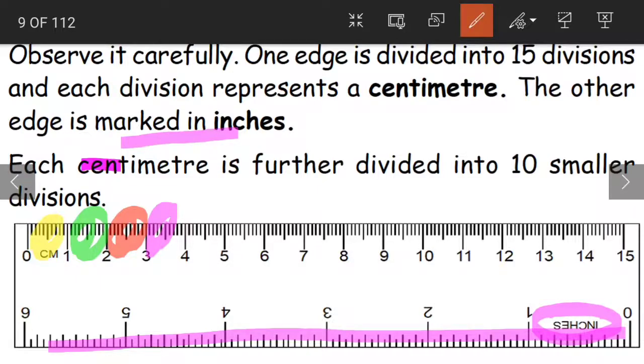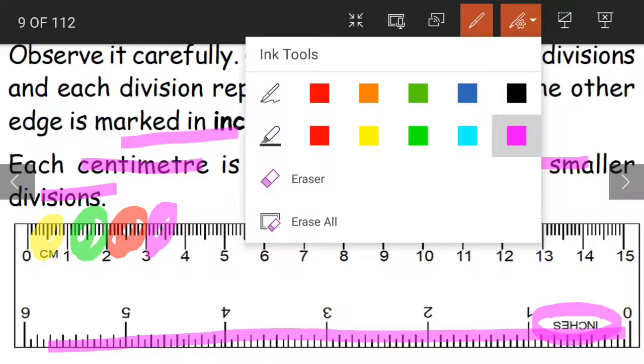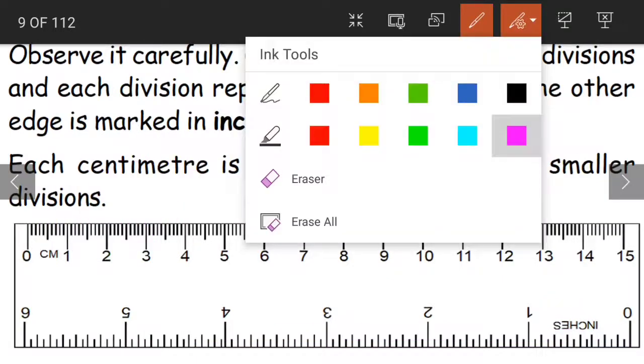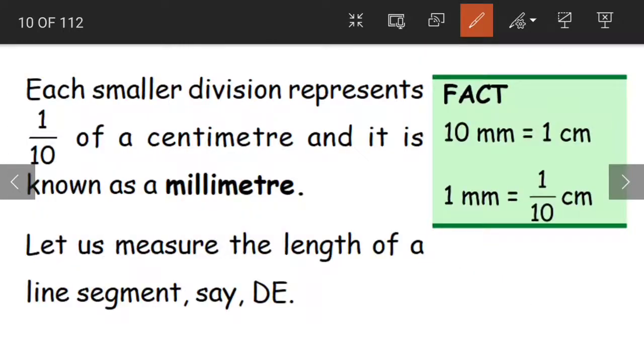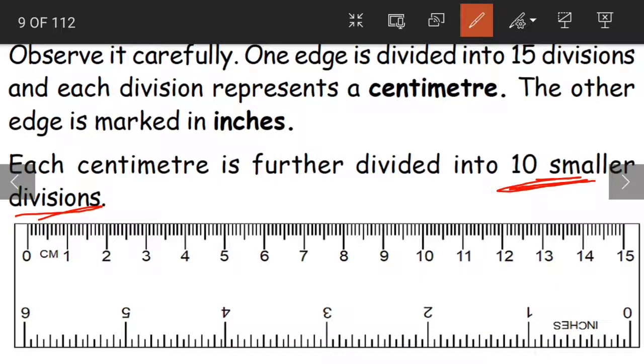Now if we consider centimeters, each centimeter is further divided into 10 smaller divisions as we have discussed. Each smaller division represents 1 by 10 of a centimeter and is known as a millimeter. Yes or no?